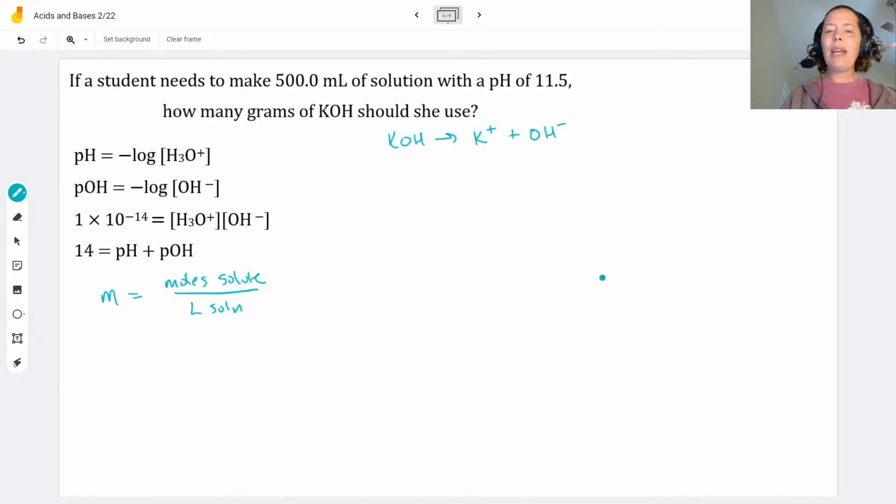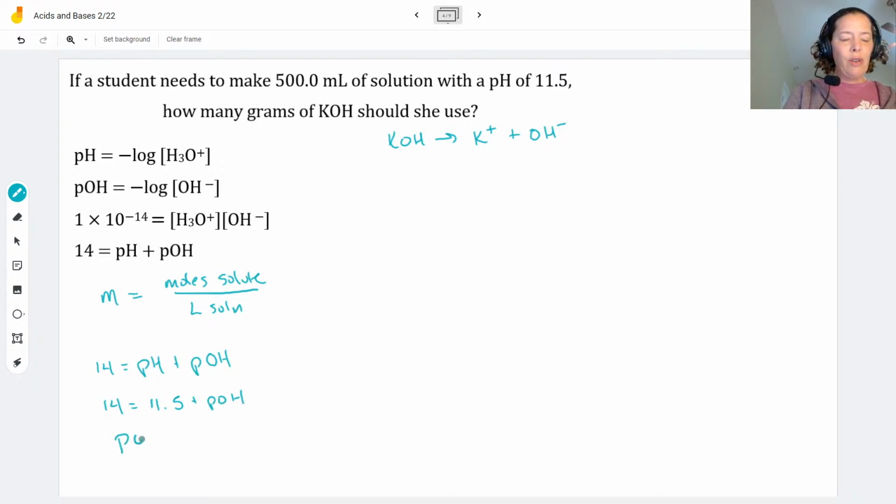So I've got a pH of 11.5. What is my pOH? All right, so I'm just going to rewrite my equation down here. pH plus pOH. And let's put in our value for pH. Again, it's just coming straight from the problem. So now my value for pOH is equal to 2.5.